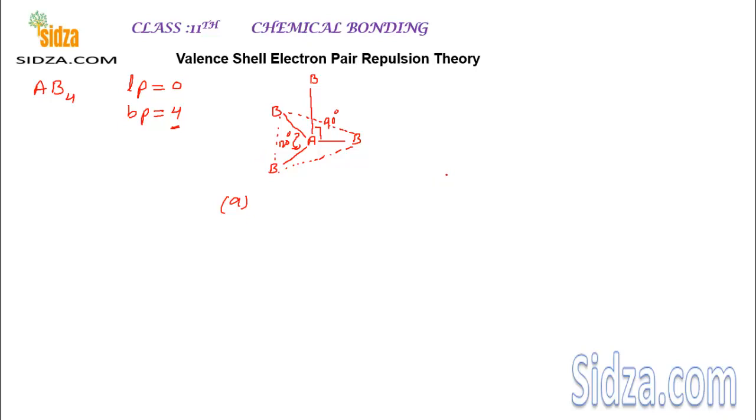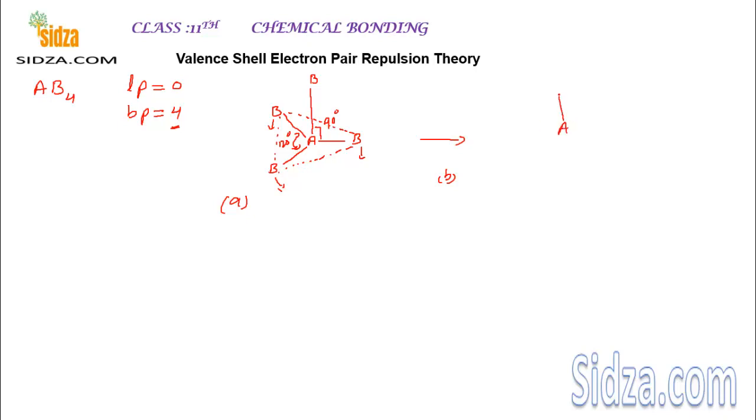But let me draw another shape, and let's compare then the two shapes. You see here that the angle here is 90 degree, and here the angle is 120 degree. If I make a little bit modification in this shape and try to attain a new shape, suppose I push these 3 B atoms slightly down, so that the angle here increases from 90 degree. So obviously I'll get a shape like this.